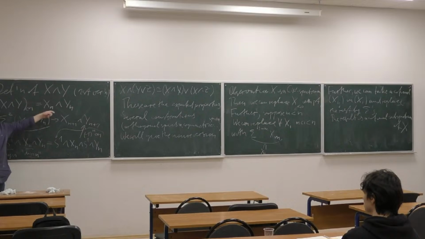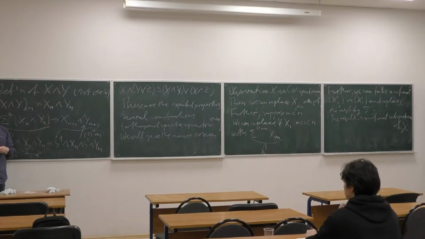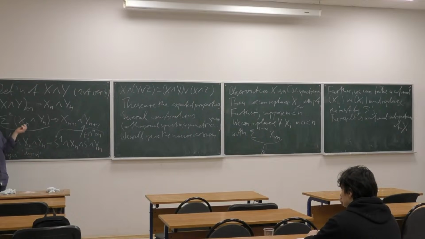In order for us to get a spectrum, we don't actually need to do this. It would work either way. But for the properties we're after, we need this weird sign change.